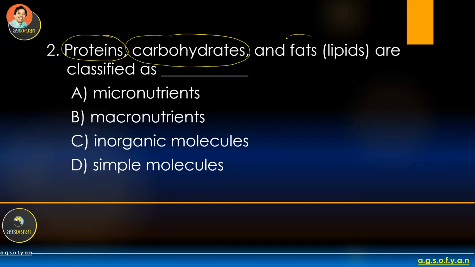And also when we eat meat, there are fats in it. So all of them are big molecules that have to be digested. So these are macromolecules, or big molecules, so this is going to be macronutrients.